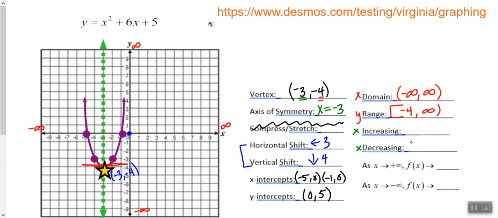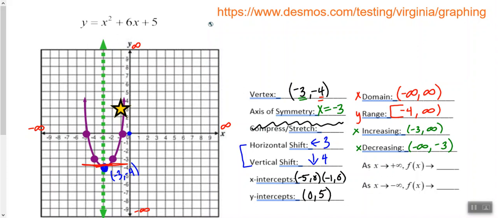So decreasing from -infinity to the X value of my vertex, which was -3. Which then means I'm going to increase from the X value of my vertex, -3, to the other side, which is +infinity. Both of those get parentheses because at the vertex you are neither increasing or decreasing. If you put brackets, that's fine.